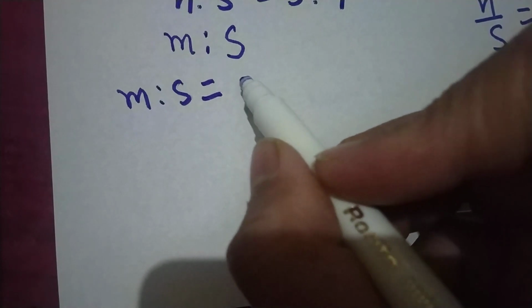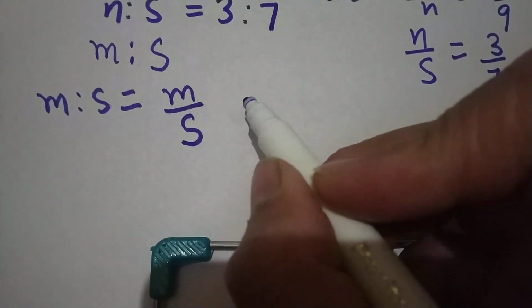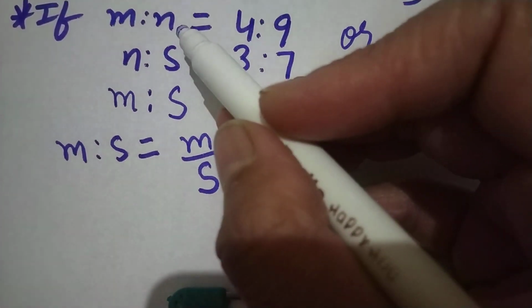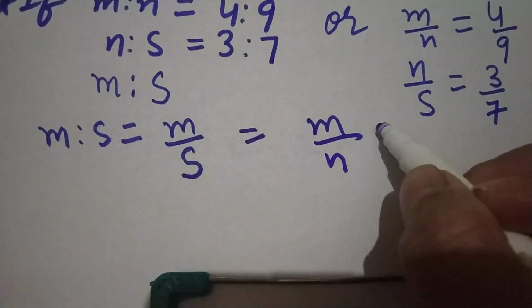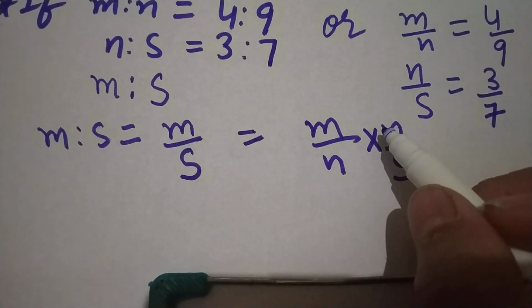To find M ratio S, that is M upon S, we will multiply both the ratios. So M upon N multiplied by N upon S, and N will get cancelled out.